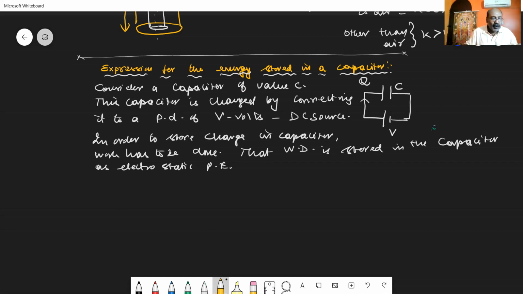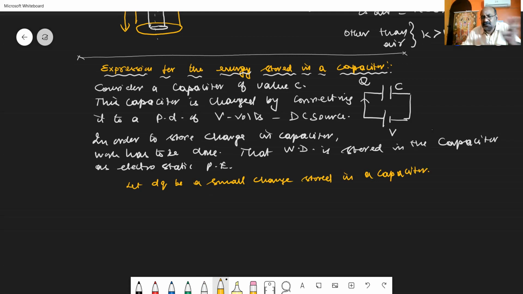For that, let dq be a small charge stored in the capacitor. In order to store this small amount of charge dq, let dW be the work done.